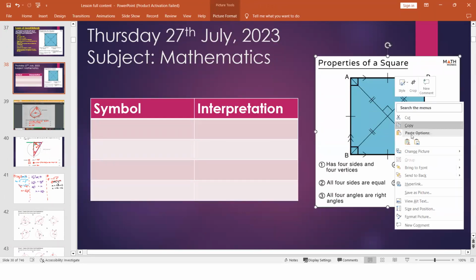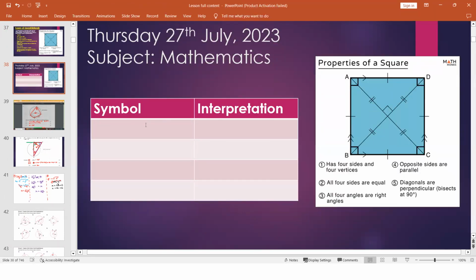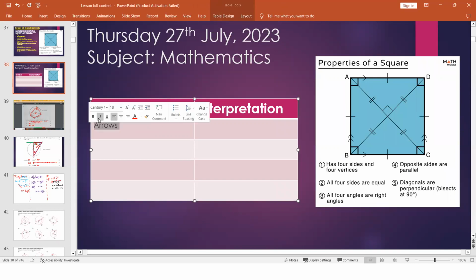All right. So the first thing is we have the arrows. What do the arrows mean?